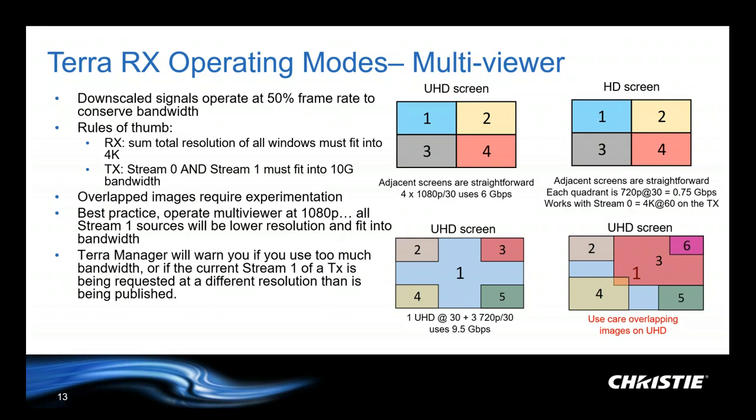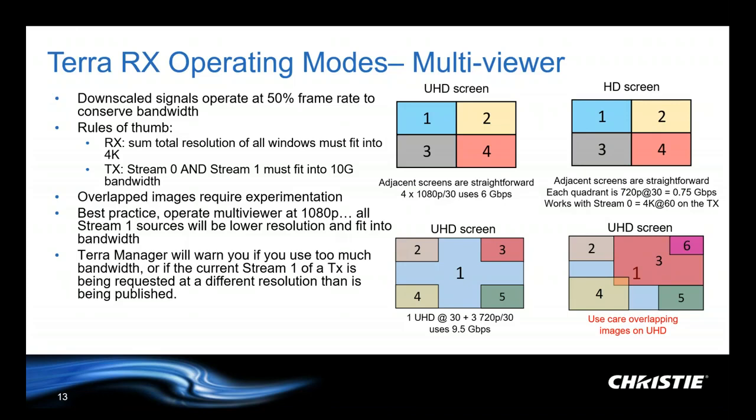So the higher the native resolution is on stream 0, the lower resolution you have to use on stream 1, so that it fits into the 10 gigabyte bandwidth. So stream 0 and stream 1 must always fit into the 10G bandwidth. That's sort of the physical size of the pipe on the output from the TX onto the network.